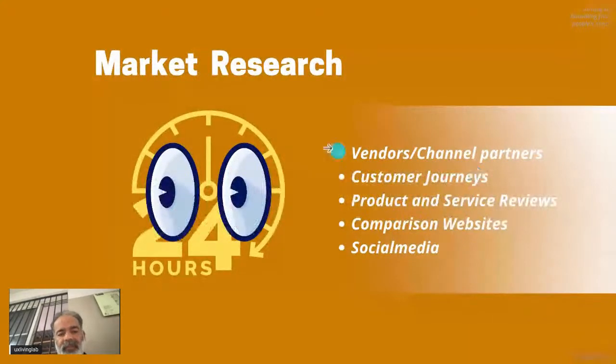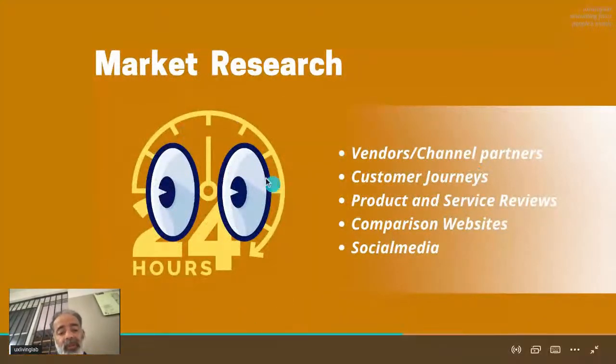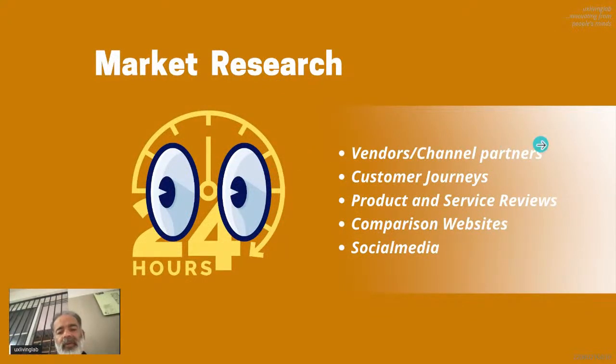Then market research. How to do market research? You have to watch the market 24 hours. How many ways can you watch? Through channel partners. We already have that ecosystem of channel partners. We already discussed this. That means you can get this information from customers. We already explained in the customer section what customer journeys are and how to analyze them, so new attendees can go through my earlier presentation about customer journeys.